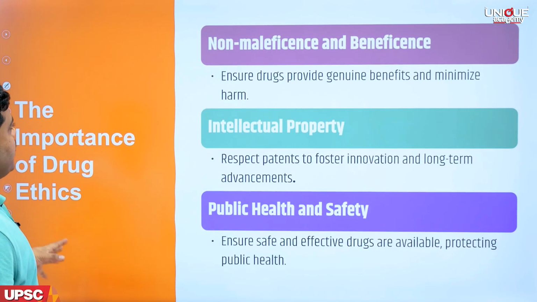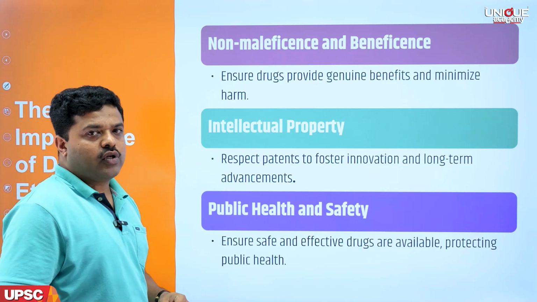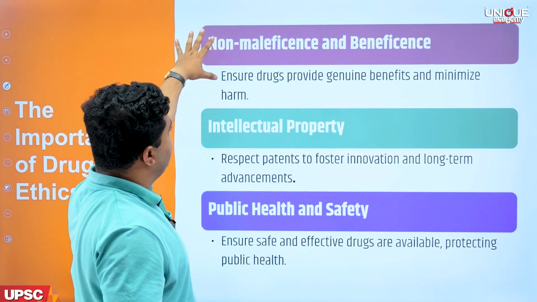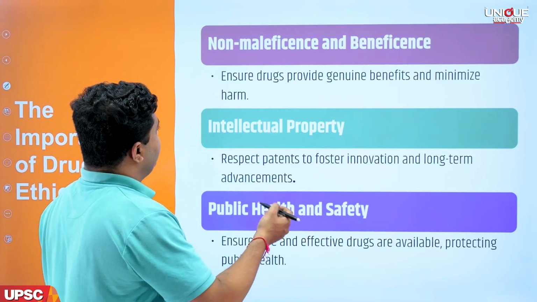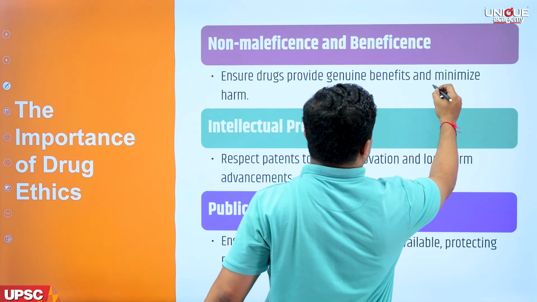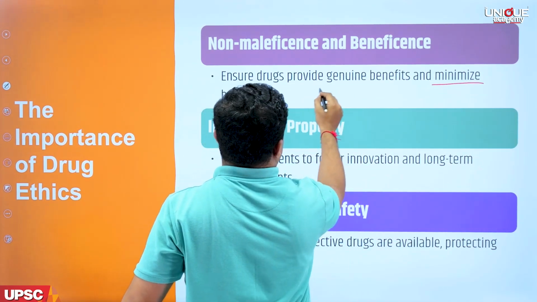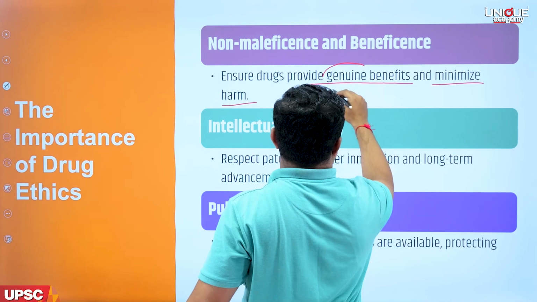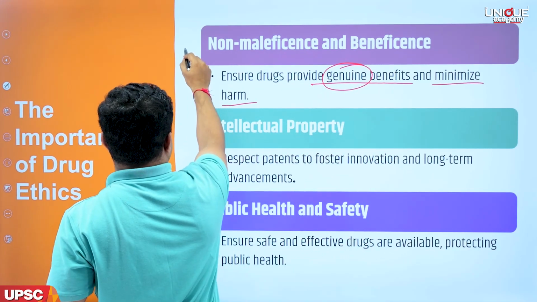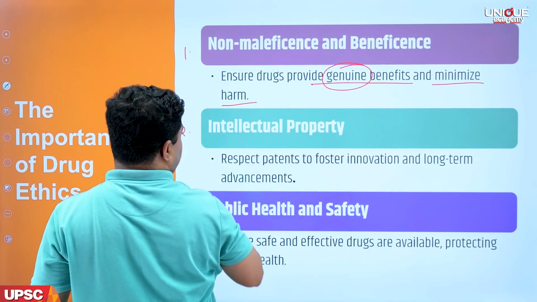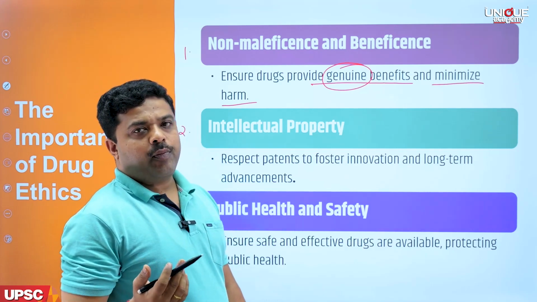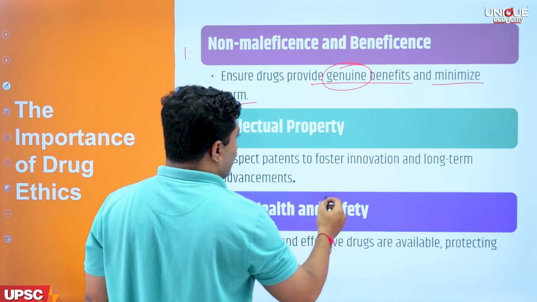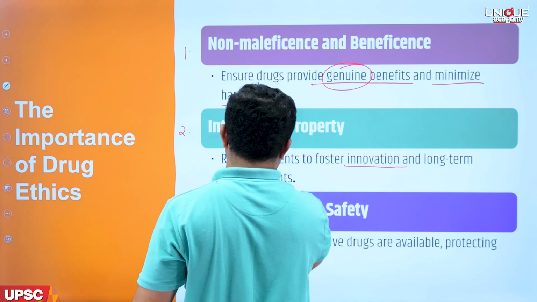Then importance of drug ethics क्या है? ड्रग इथिक्स के रूल क्या बताते हैं? That non-maleficence and beneficence होना चाहिए. Non-maleficence का मतलब हार्म नहीं होना चाहिए बल्कि बेनिफिट्स होना चाहिए और वो भी genuine होना चाहिए. Second principle is that you should respect intellectual property. Okay, अगर intellectual property का respect नहीं होगा तो long term में innovation नहीं होगा, advancement नहीं होगा.